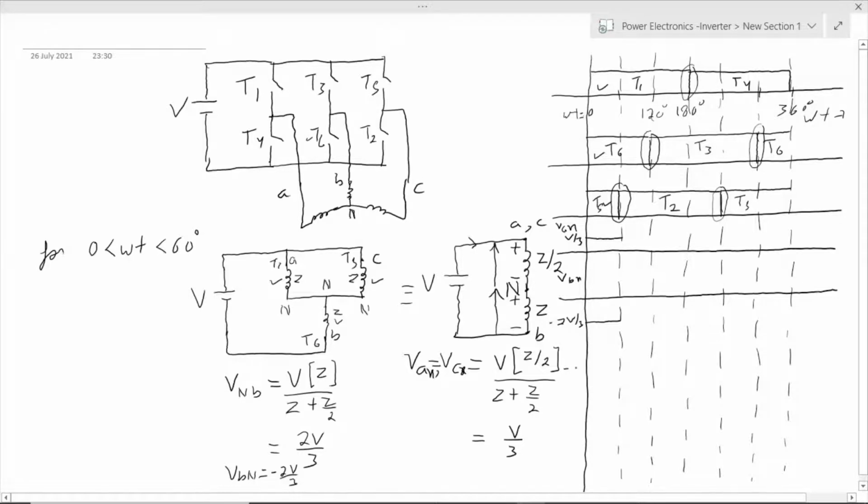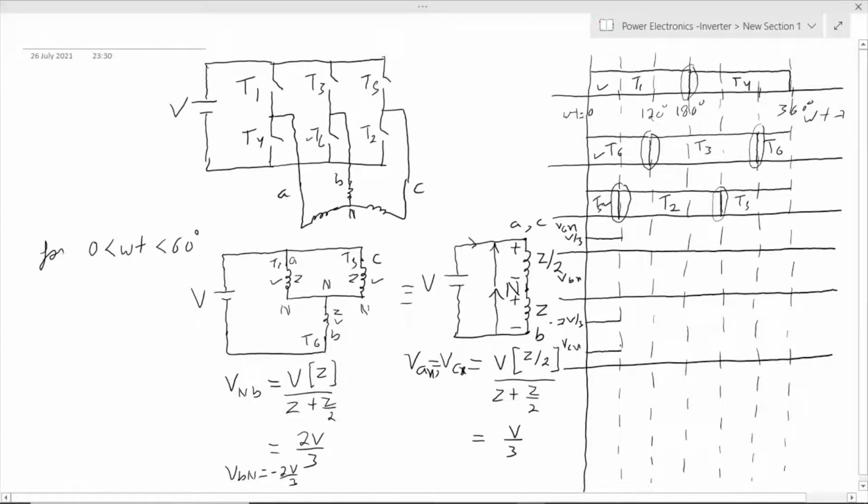Okay, this will be fine. So what will be VCN? VCN is V by 3. Okay. So from 0 to 60 degree, these are our phase voltages.